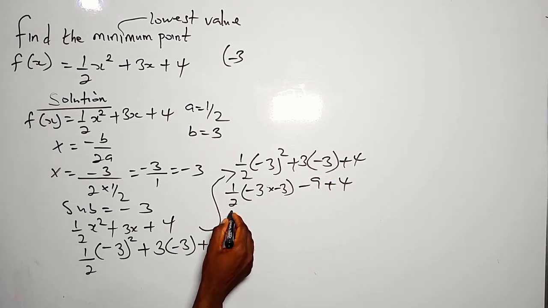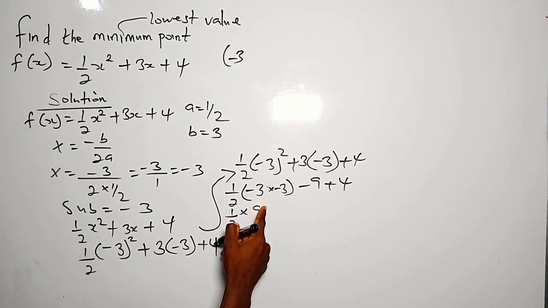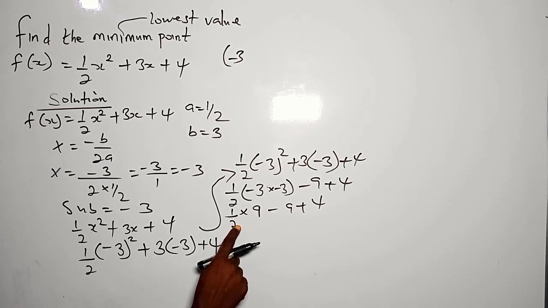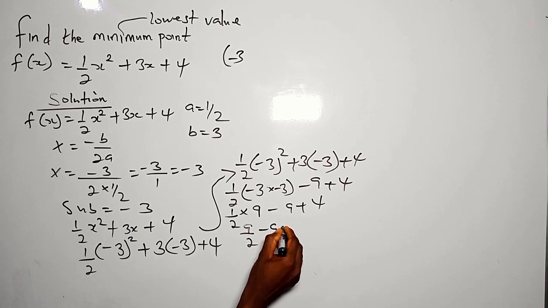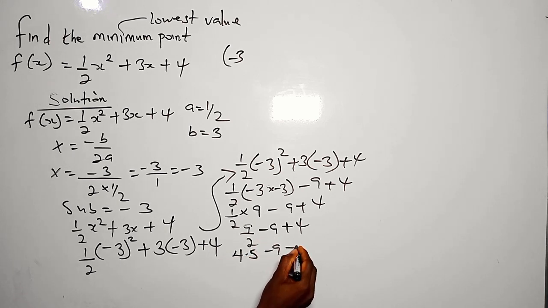So here we have 1 over 2, and for minus 3 times minus 3, we have 9. Then minus 9 plus 4. From here, we have 9 over 2, which is 4.5, minus 9 plus 4.